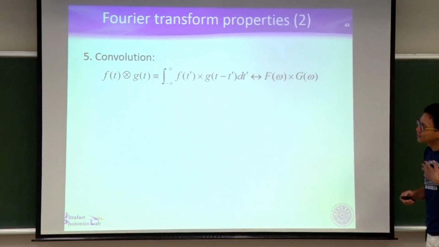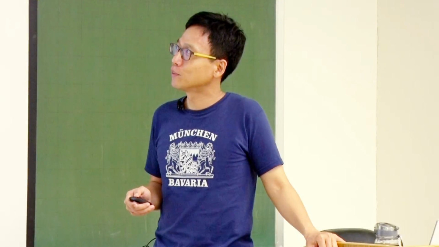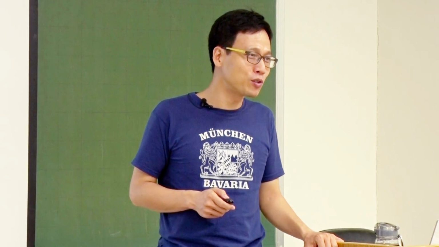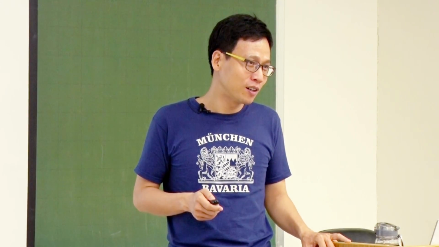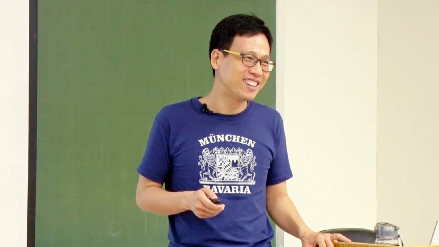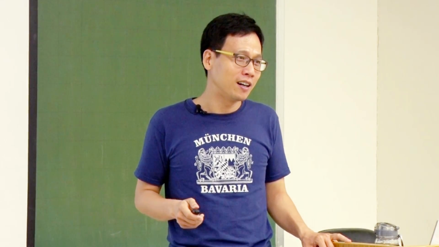Number 5, convolution. Do you still remember the formula about convolution? If you have two functions, f and g, in the time domain, what is the convolution? It's shown here, right? I think the formula is not difficult, but do you still remember the meaning of the convolution?